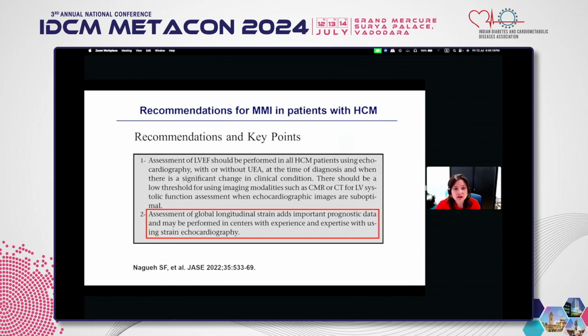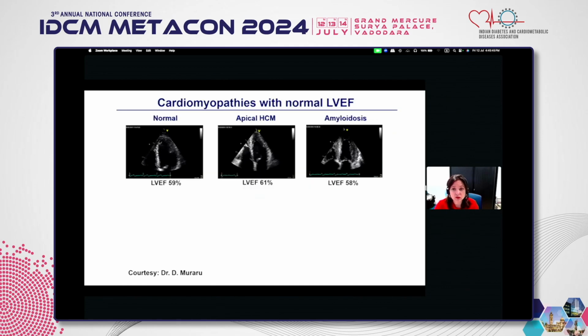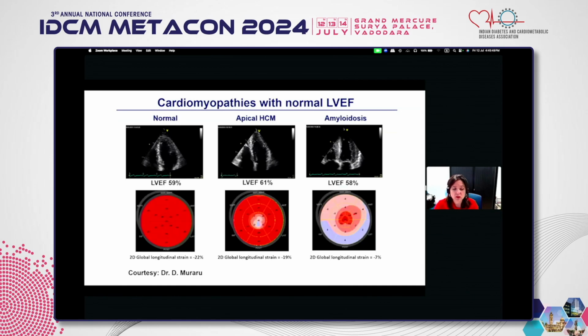This is why, for example, in the recommendations for multimodality imaging in patients with hypertrophic cardiomyopathy, one of the key points is that you should assess global longitudinal strain, because it will give you an idea of the myocardial function, in this case dysfunction, and therefore risk stratify these patients. But you can also, of course, make a differential diagnosis from patients with just a bit of hypertension, or maybe amyloidosis.